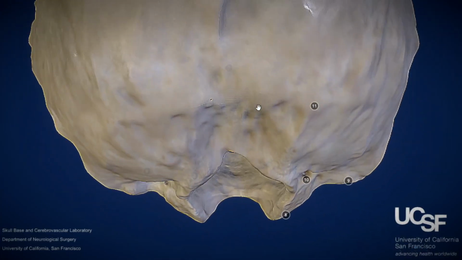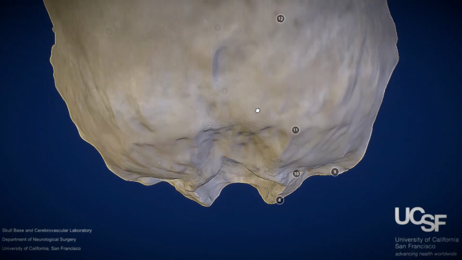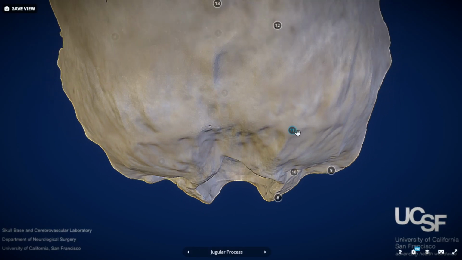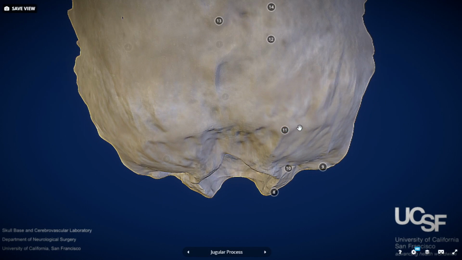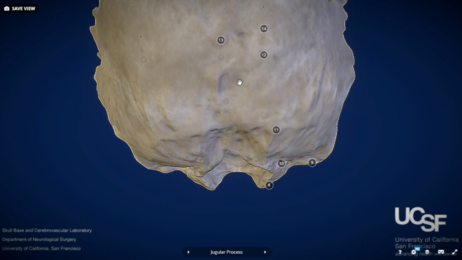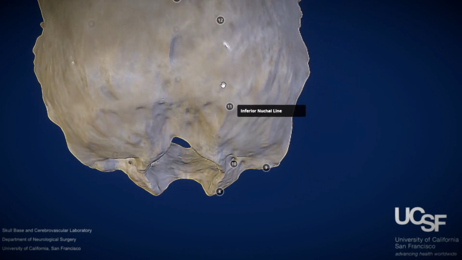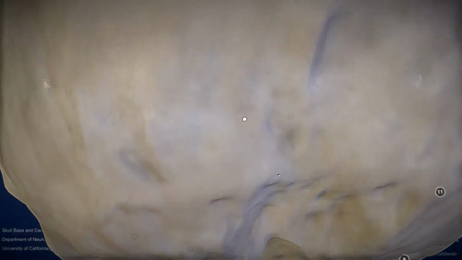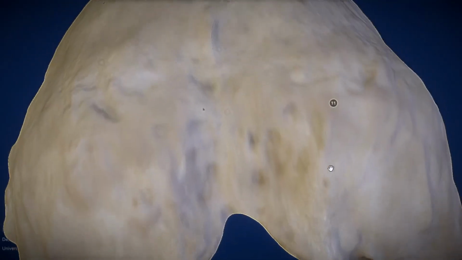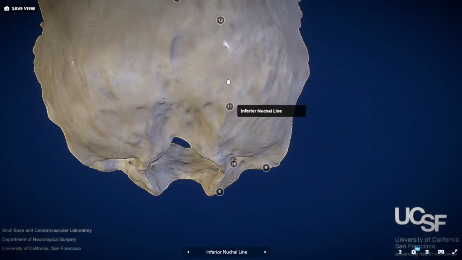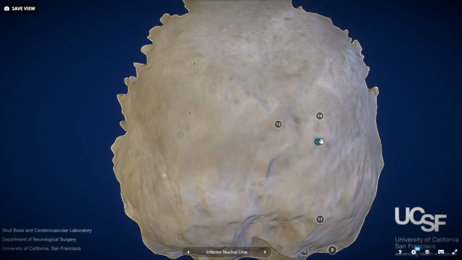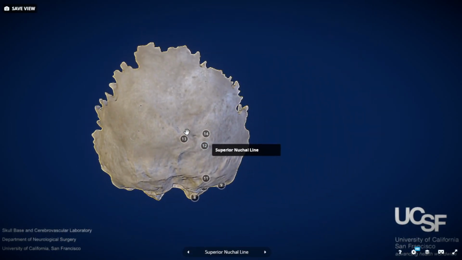Now moving towards a posterior extracranial view, we see that there are several landmarks related to muscular and ligamentous attachment. These landmarks can be identified thanks to protuberances as well. From an inferior perspective, we see that the inferior nuchal line can be identified, and superiorly we see a superior nuchal line.